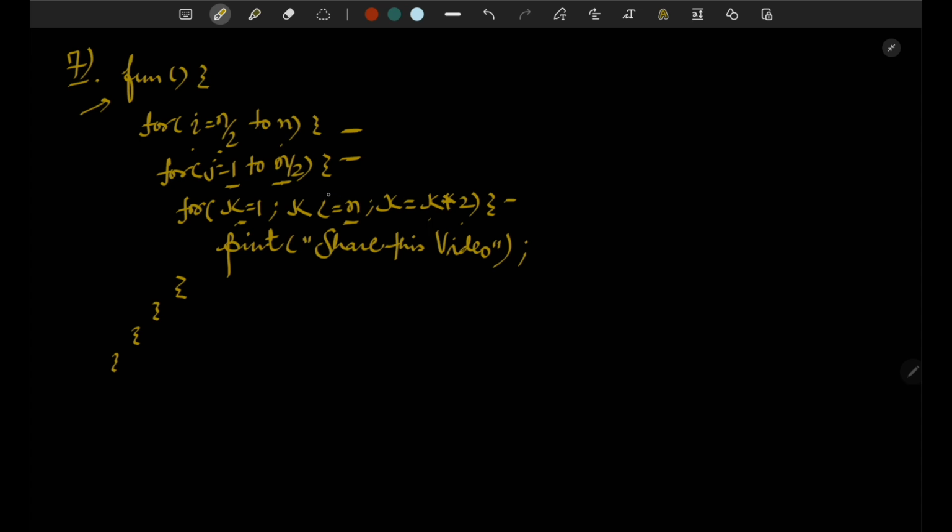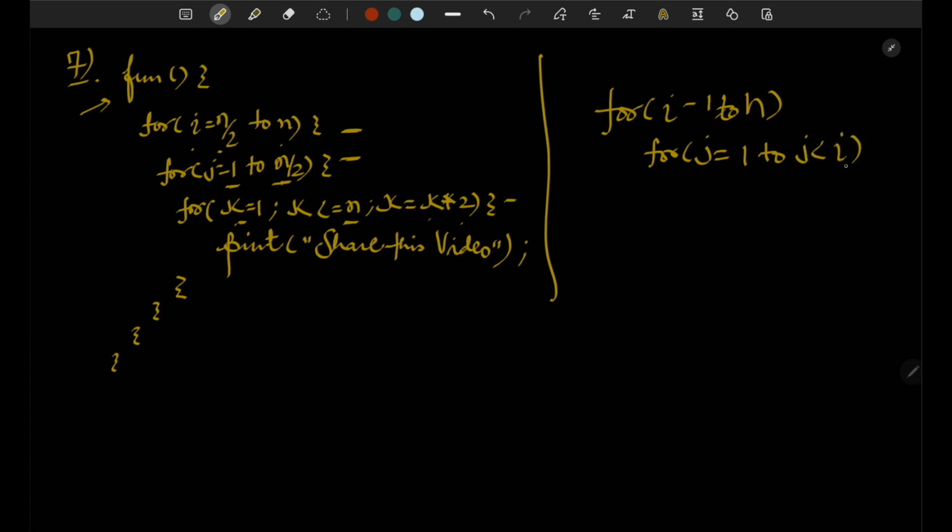But in the earlier cases, let me write it like this, let's say i was 1 till n and the inner loop was j as 1 till j is less than value i, right? And then there was something which was not dependent on it entirely. So we had to unroll the dependent loops.